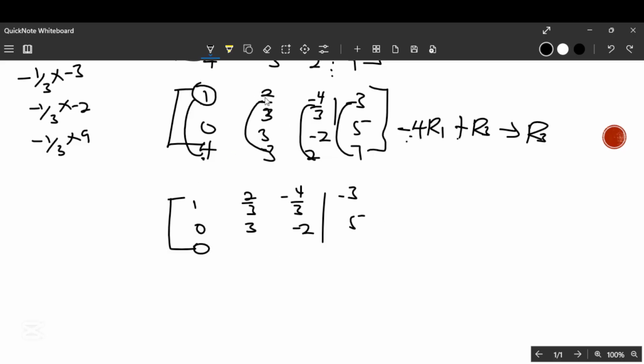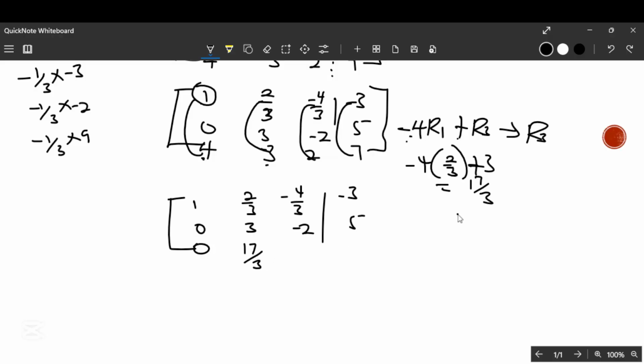Negative 4 times 2/3 plus 3, with the corresponding element here, gives us 17/3. So here we have 17/3.